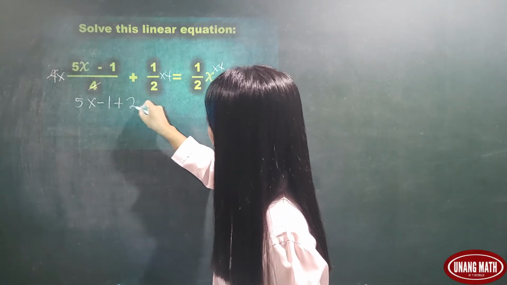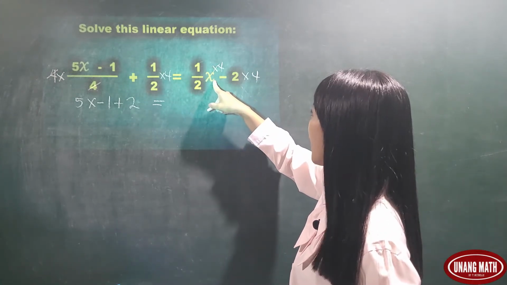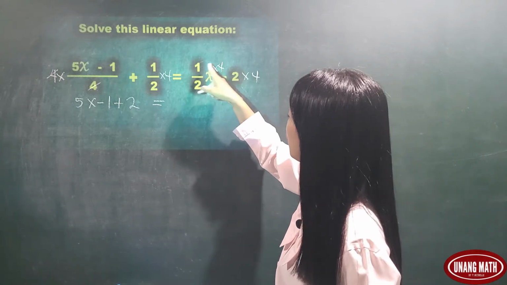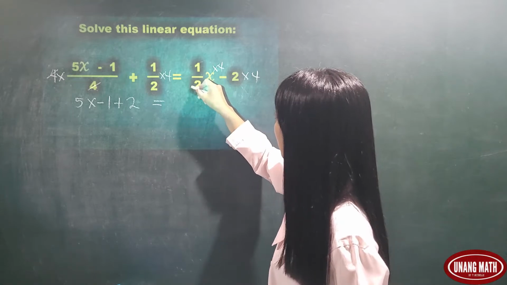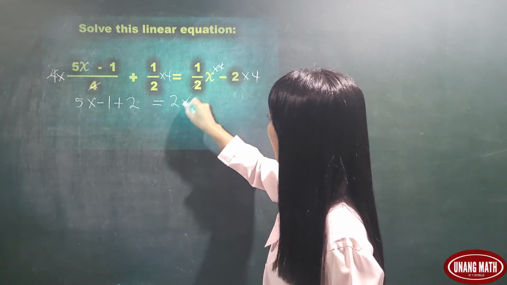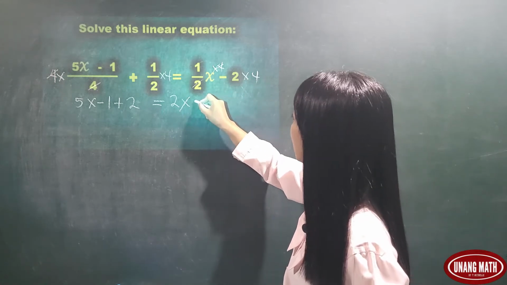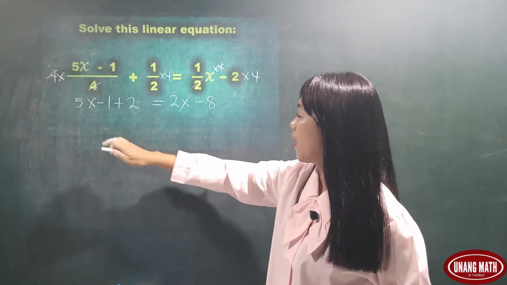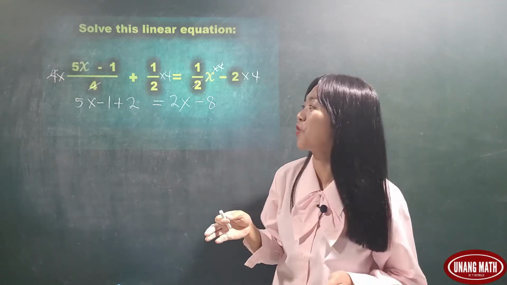So plus 2 is equal to, we have here 1/2 x times 4. So this is 4 over 2x. And if we simplify, this is 2x. How about here? Negative 2 times 4 is negative 8. We now have exact numbers and it's easier to solve.